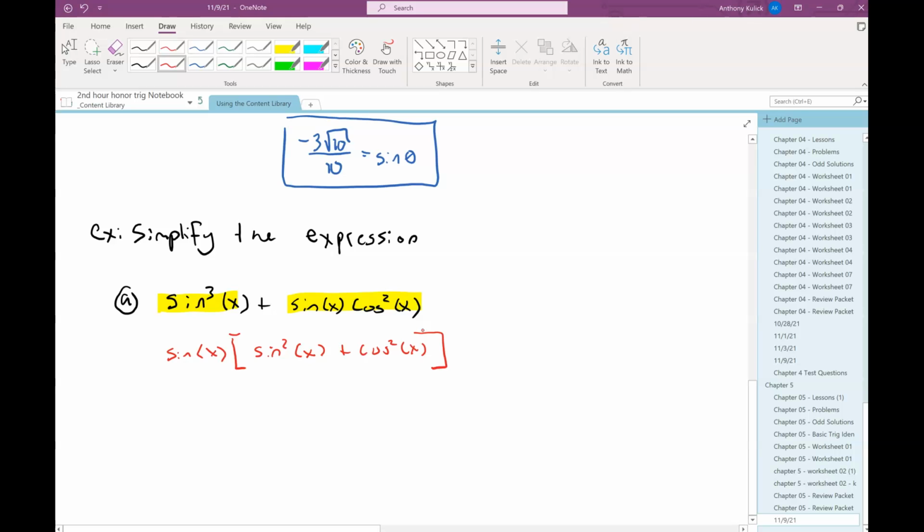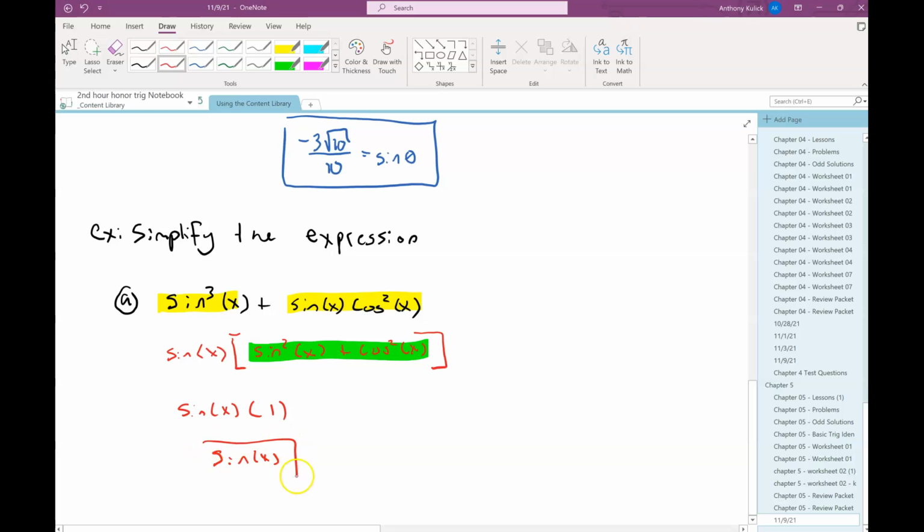So now I'm going to look for an identity. Is there an obvious identity here? Jackson says P1. So that's the first Pythagorean identity that says sine squared plus cosine squared is 1. So I have sine squared plus cosine squared. So that just simplifies down to 1.